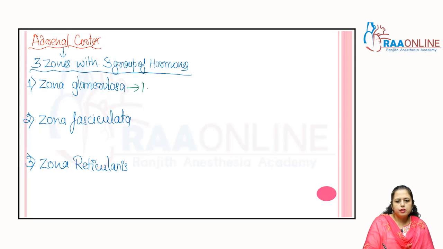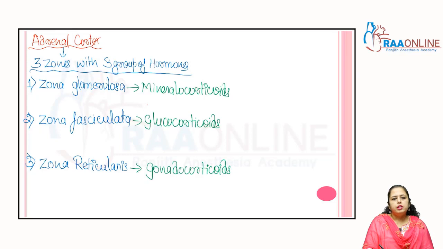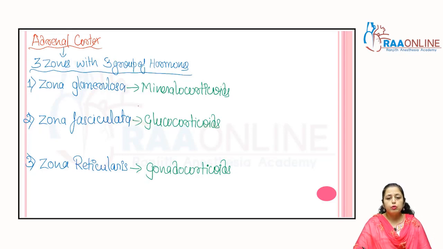Zona glomerulosa secretes the mineralocorticoids, fasciculata secretes the glucocorticoids, zona reticularis secretes the gonadocorticoids, right? Mineralocorticoids, glucocorticoids and the gonadocorticoids.